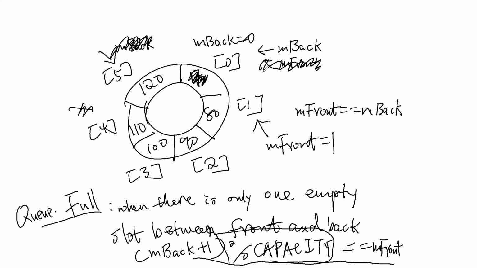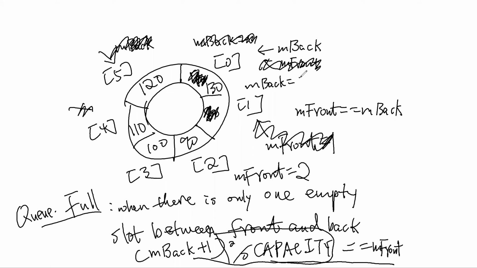Then what is the empty condition? Let's see. Suppose we remove another front item. Then m_front is updated to 2. And then I can add another new item, 130. Then back is updated to 1, pointing to 1. Then I keep removing.